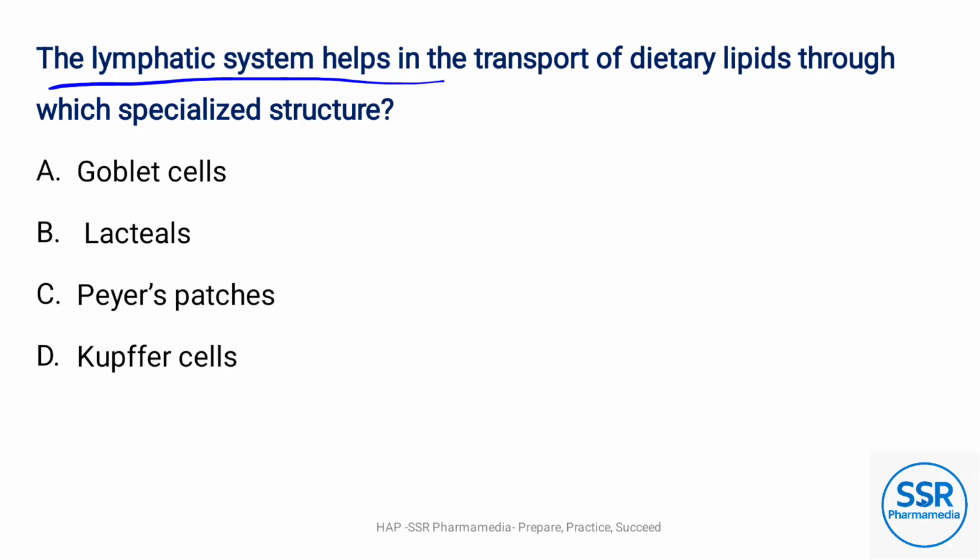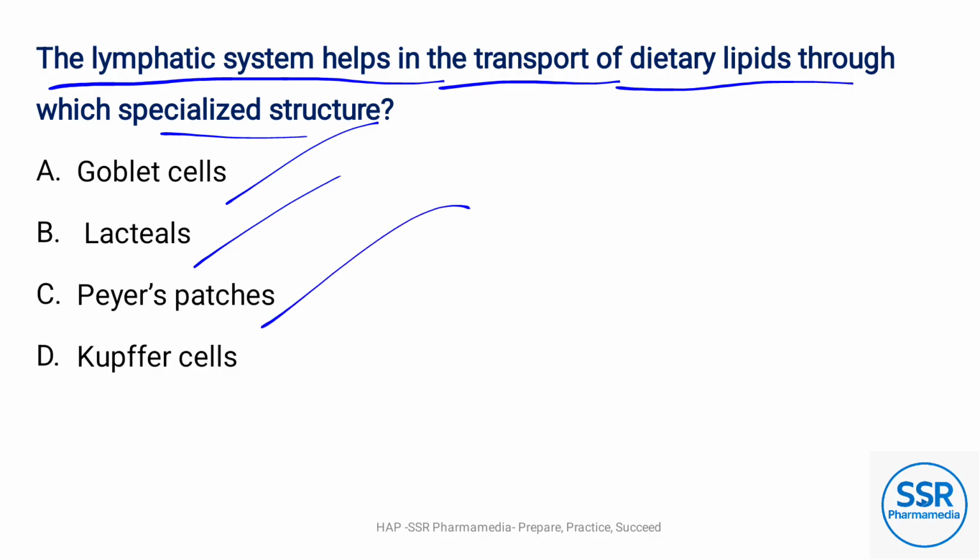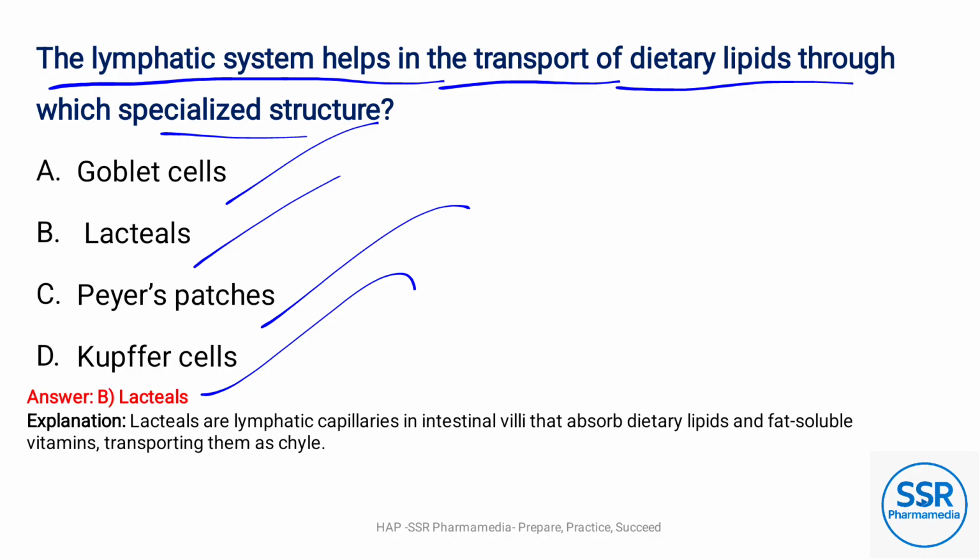The lymphatic system helps in the transport of dietary lipids through which specialized structure? Option A, goblet cells. Option B, lacteal cells. Option C, Peyer's patches. Option D, Kupffer cells. So option B, lacteal cells.